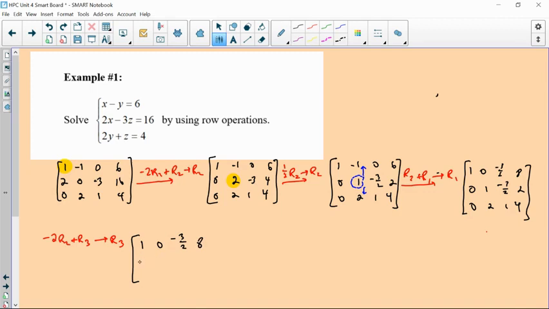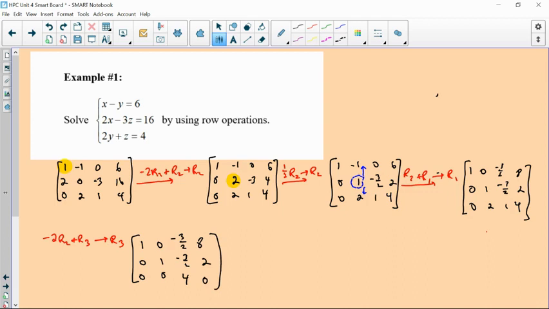And this row is 0, 1, negative 3 over 2, 2. But now here this is 0. Negative 2 times 1 is negative 2 plus 2 is 0. Negative 2 times this would be positive 3, plus 1 is 4. And then negative 2 times 2 is negative 4, plus 4 is 0, which is nice.